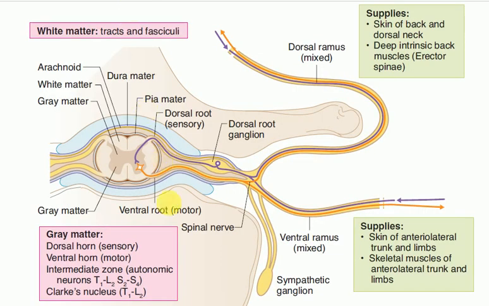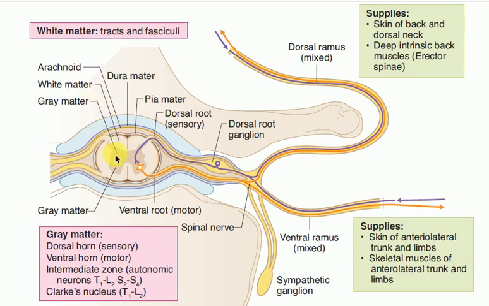So now let's look at the fundamental anatomy of the spinal cord and its roots, the spinal nerves. As you can see, this is a cross section of the spinal cord showing the gray matter, which is in the form of an H. It forms an H shape or a butterfly shape, and surrounding the gray matter is the white matter.